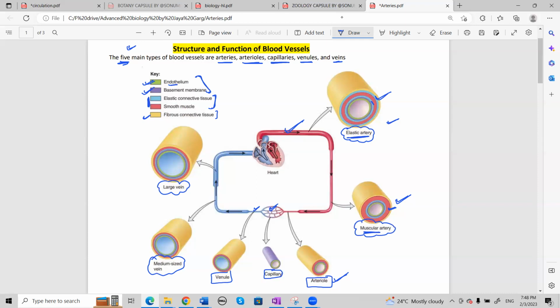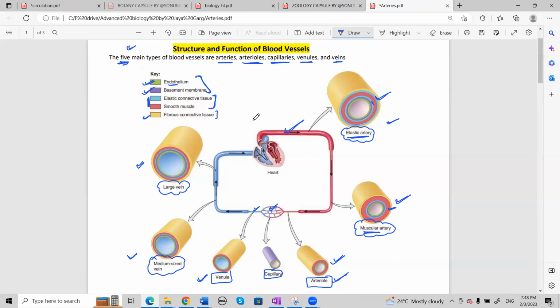And if you check the arterioles, you do not have elastic connective tissue. As well as in venules, you will not have elastic connective tissue. Clear? But again, in the medium-sized vein, you find it, as well as in the large vein, but it is very, very less. The elastic connective tissue is very, very thin if you check it.